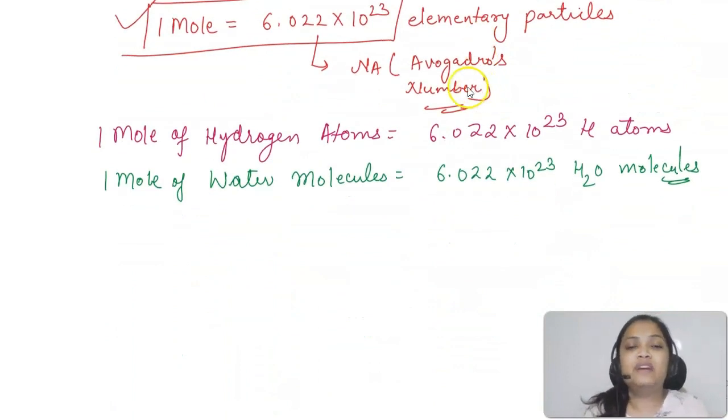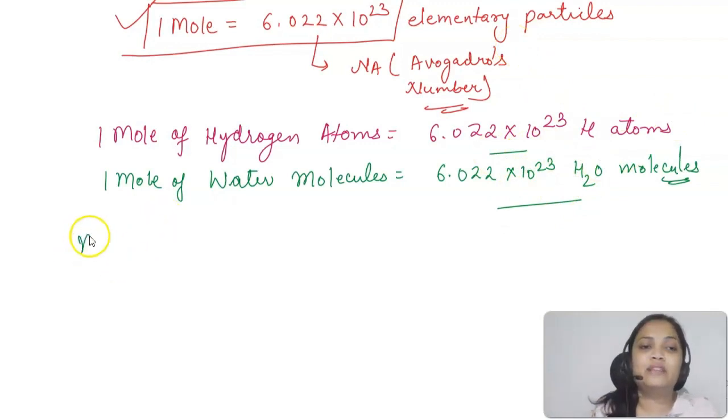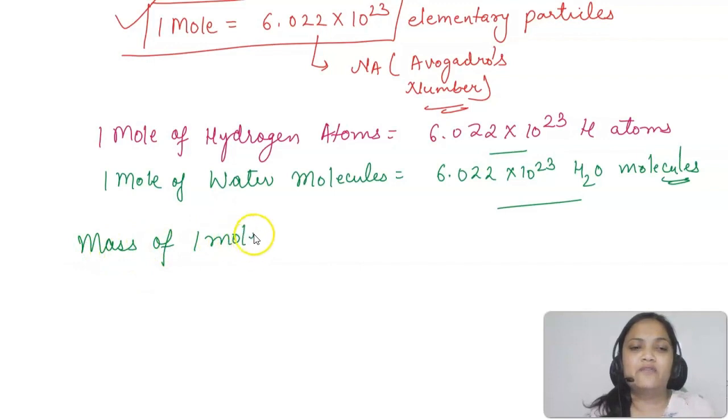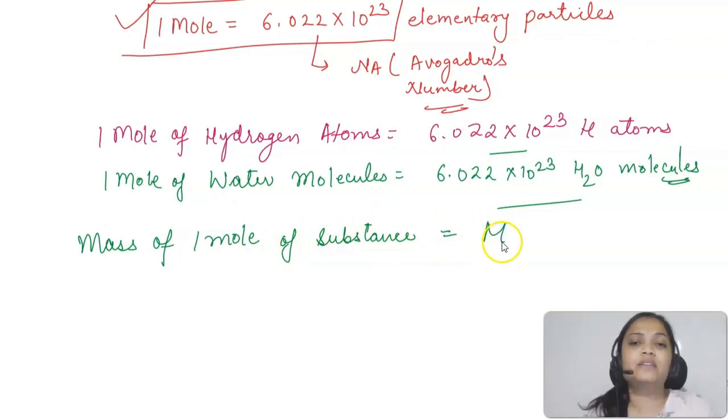So similarly, 1 mole is a fixed quantity having this much number of atoms or molecules. Then if I calculate the mass of 1 mole of any substance, okay, anything, if I am taking the mass of 1 mole of hydrogen atoms or water molecules, that will be known as the molar mass of that substance.